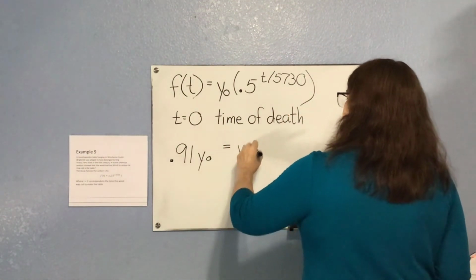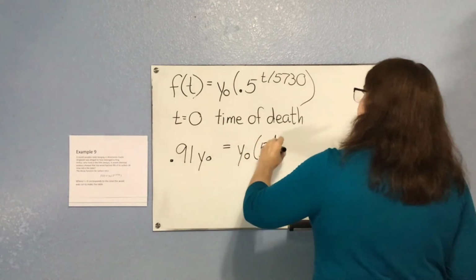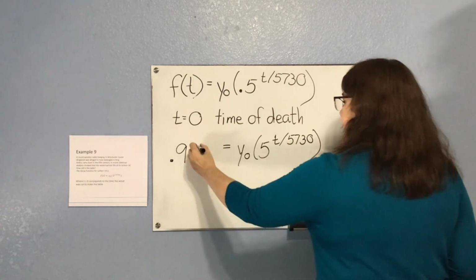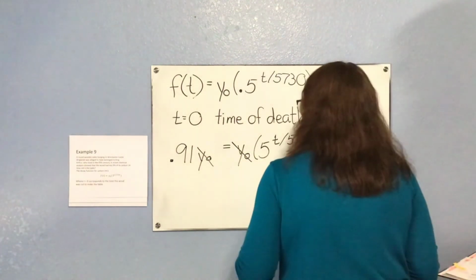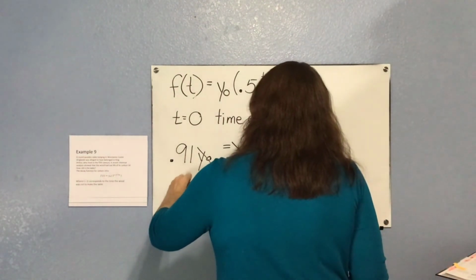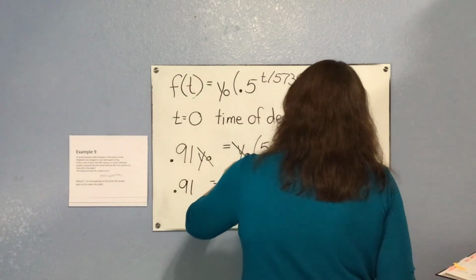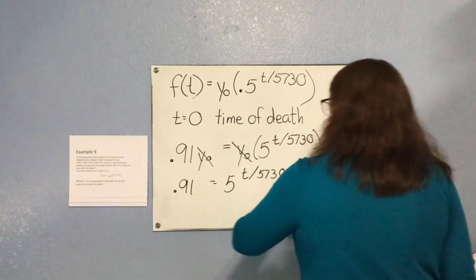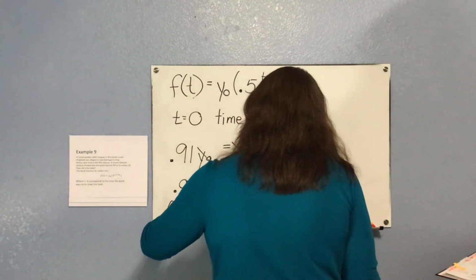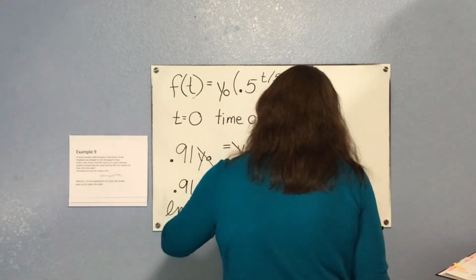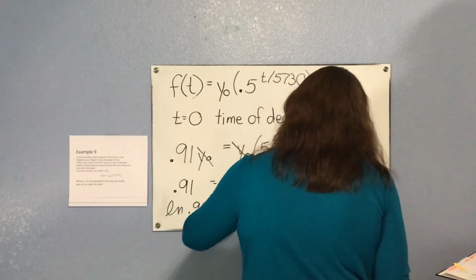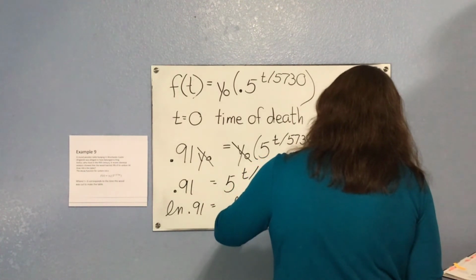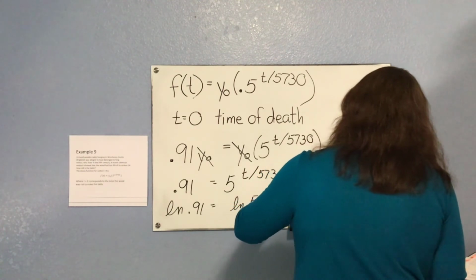Then I have y sub 0 times 5 to the t over 5730. So these y sub 0's cancel out. And I get 0.91 equals 5 to the t over 5730. Now I'm going to take the natural logarithm of both sides. Natural log 0.91 equals natural log 5 to the t over 5730.